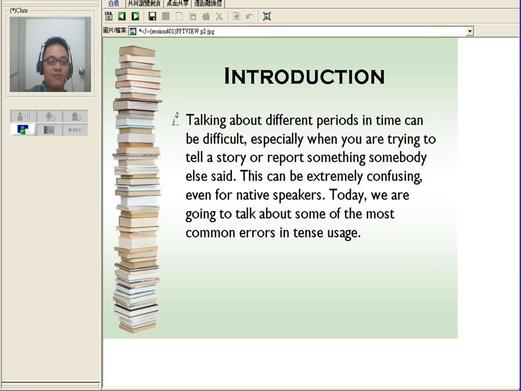Talking about different periods in time can be difficult, especially when we're talking about a story or you're introducing yourself. And even native speakers make these mistakes when speaking in English, and the only reason why they make this kind of mistake is because it's already acceptable.